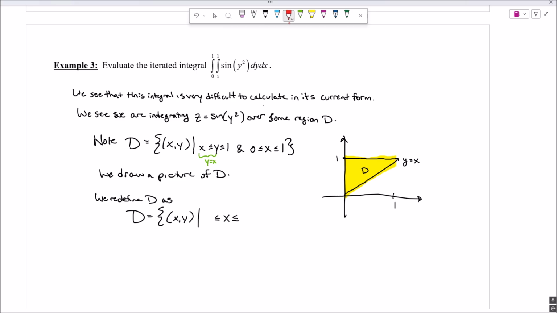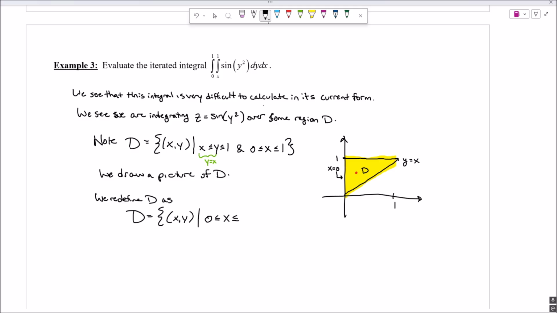Like we talked about before, if I imagine myself inside of this region and walk all the way to the left, regardless of how high up my point is, this side over here of x equals 0 is always going to be my bound.